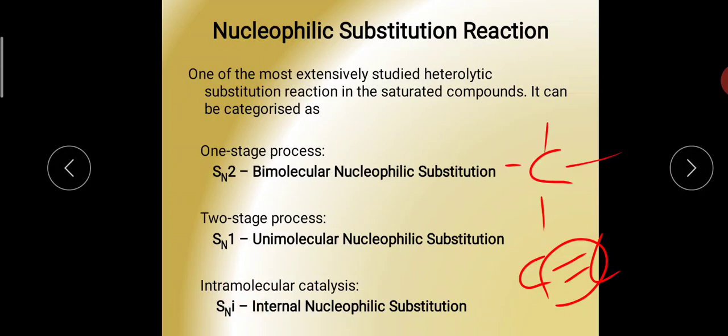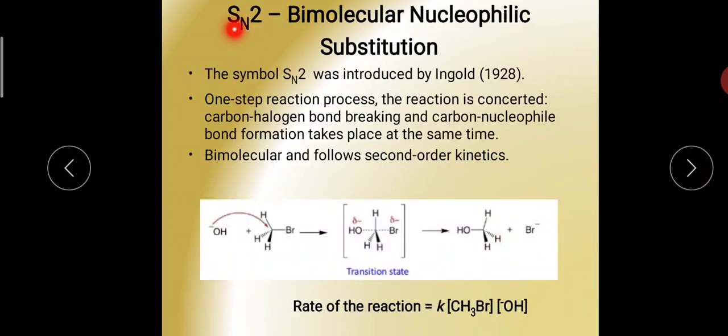Now let's move on to the mechanism of your SN2 reaction. First, we should know how this name SN2 came. This particular symbol was introduced by the scientist Ingold in 1928. SN2 means substitution, nucleophilic, bimolecular. 2 means bi, so it is bimolecular.